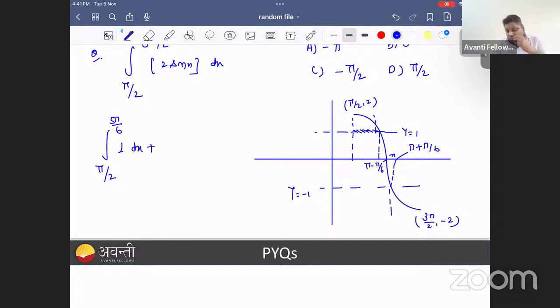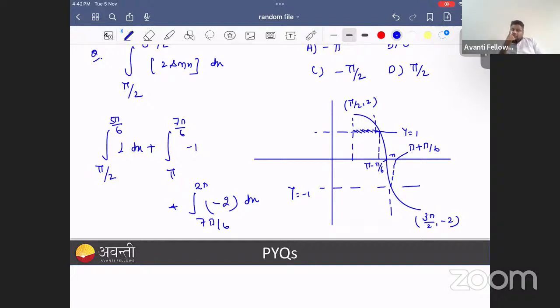Then 5 pi by 6 to pi, it is going to be 0. Then pi to pi plus pi by 6 means 7 pi by 6, it is going to be minus 1. And then integration 7 pi by 6 to 2 pi, it is going to be minus 2 dx.